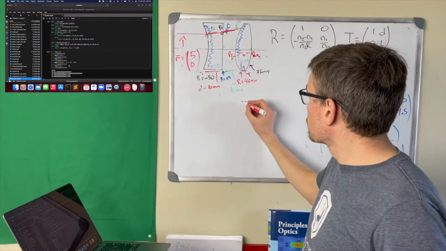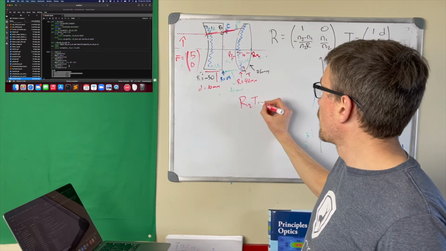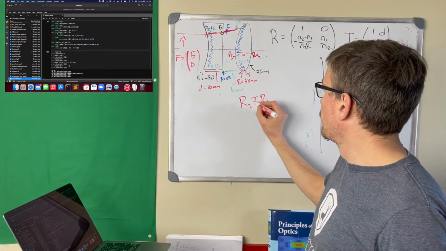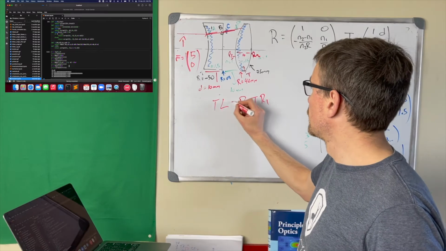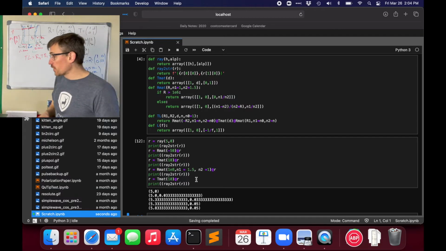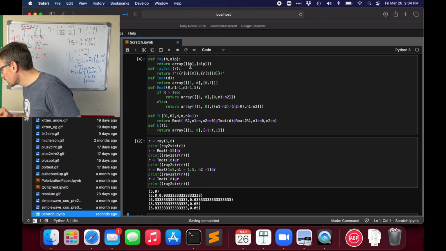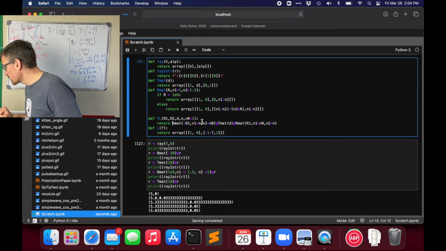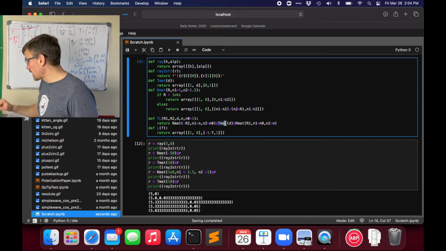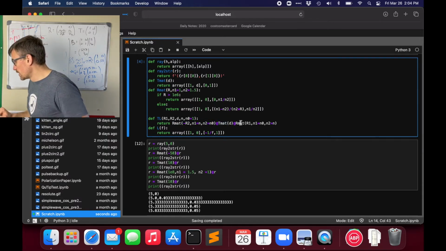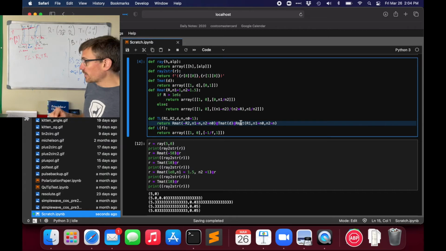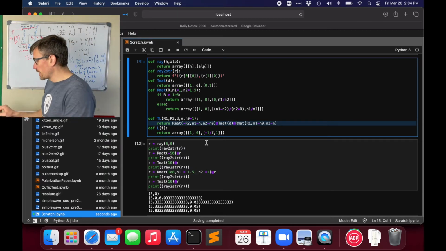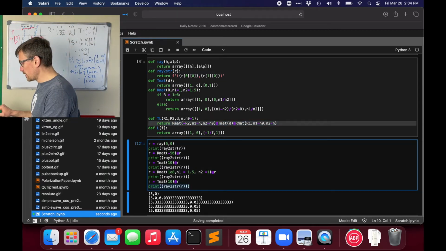The matrix corresponding to this is going to be R2 times T times R1, and that's going to be our thick lens, right? Now on the code here, we've already done this, okay? So we see this, we're just returning for a thick lens a refraction of R2, a transmission matrix, and another refraction matrix. So we can combine that all into a thick lens. So let's do that and see what we get coming out the other side.